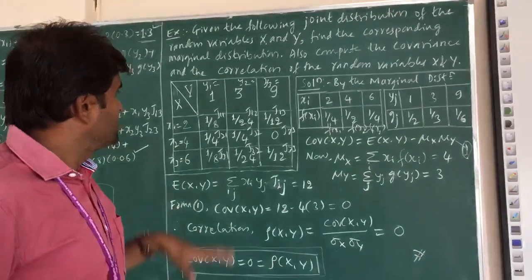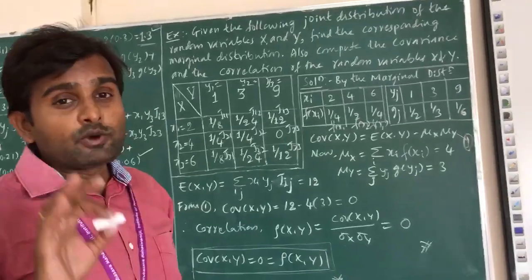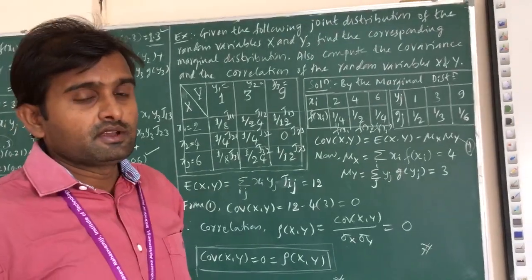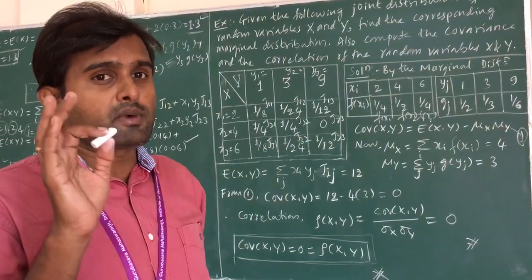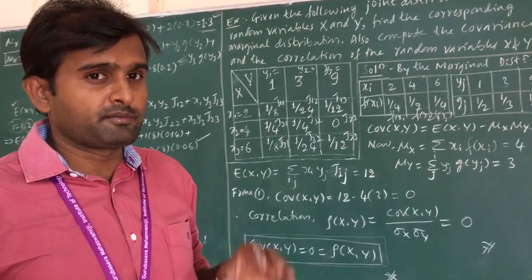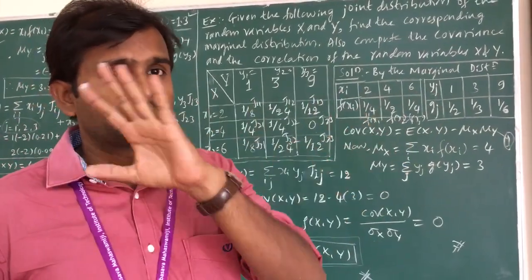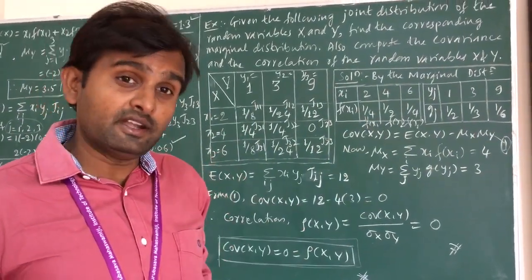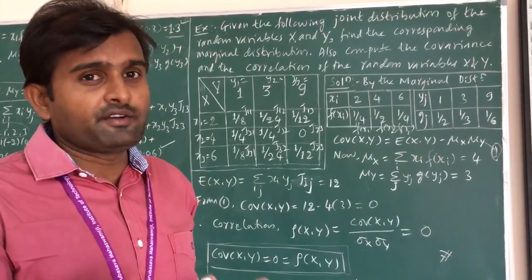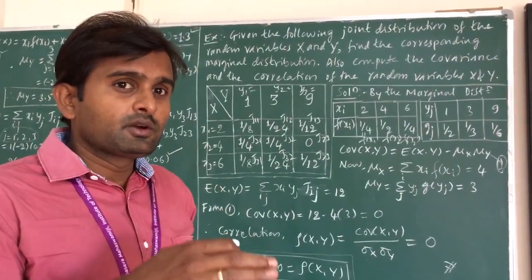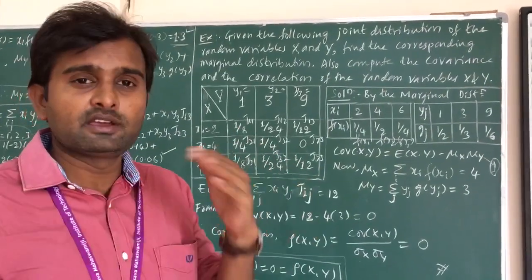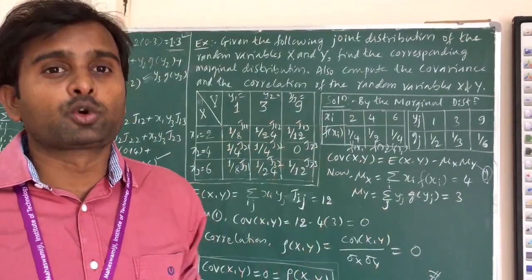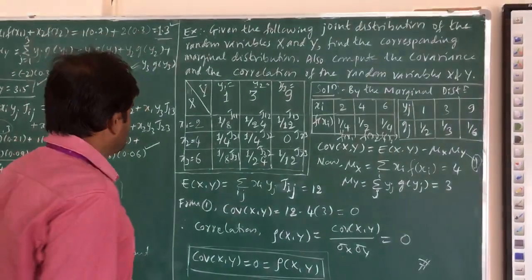Here they are given a joint distribution table. The first thing is to find the marginal distributions of x and y. After that, the covariance of x and y, and then the correlation of x and y.